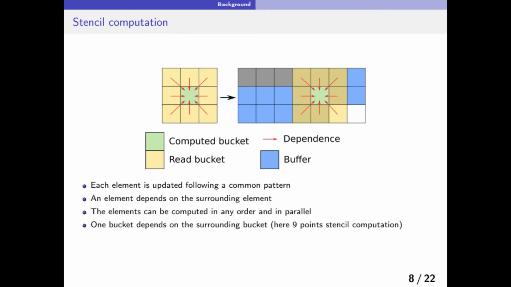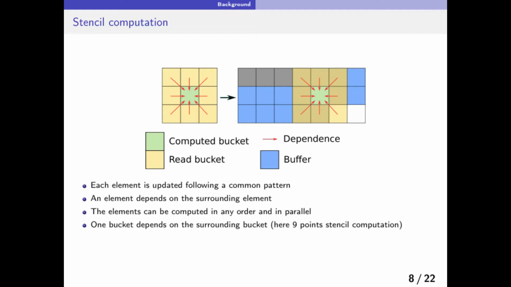Even though MPS is particle-based, our interest is to use stencil computation methods in MPS. So what is a stencil computation? A stencil computation is when every element of an array is updated following a common pattern. An element is updated from its surrounding elements.